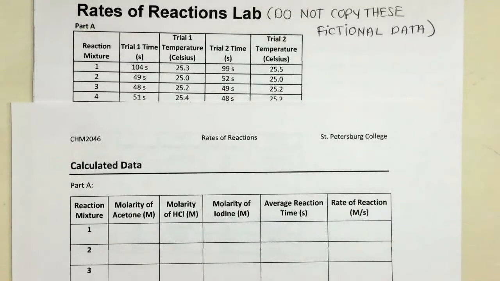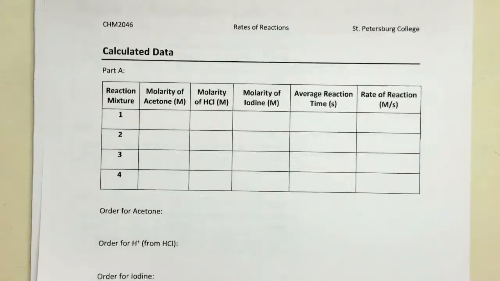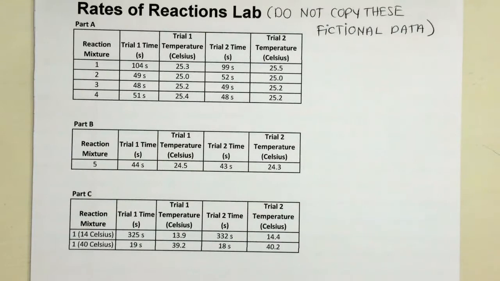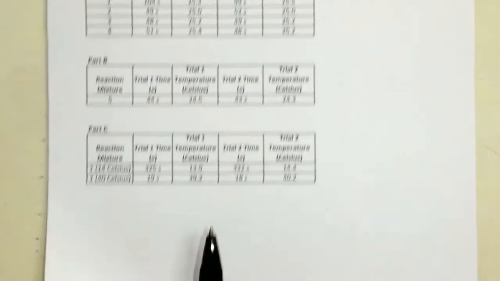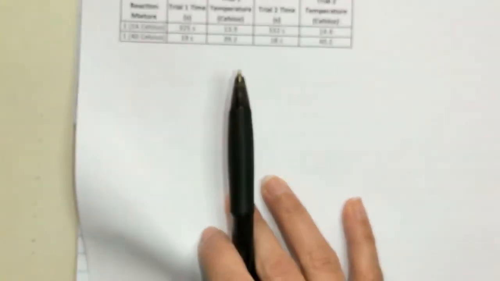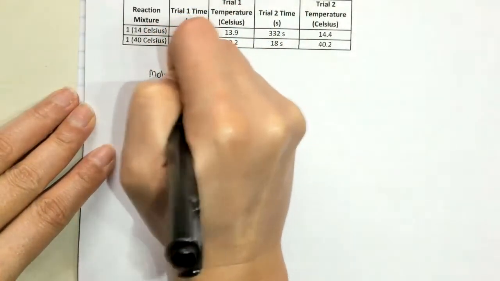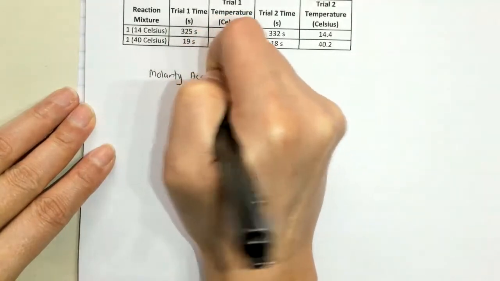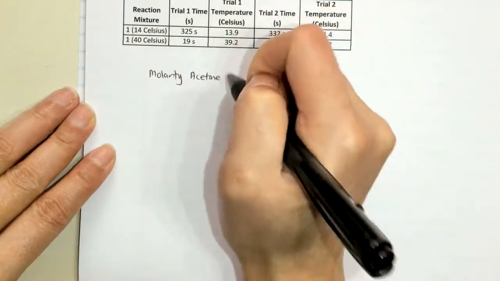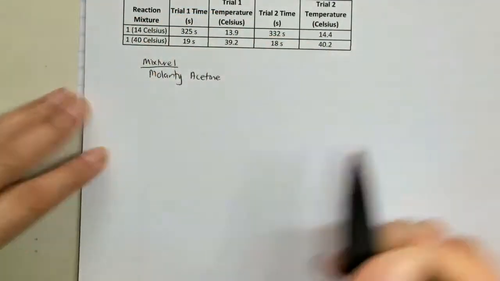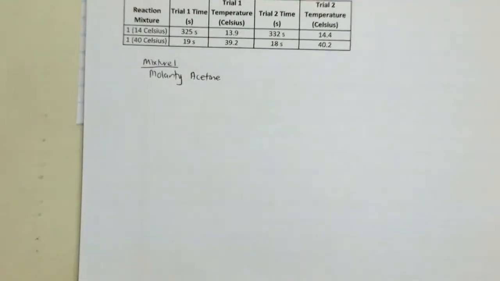That's one thing we'll be using to calculate. We need to calculate the molarity of acetone first, and I'm going to do it on this page here at the bottom. Molarity of acetone, we'll do just for mixture 1.